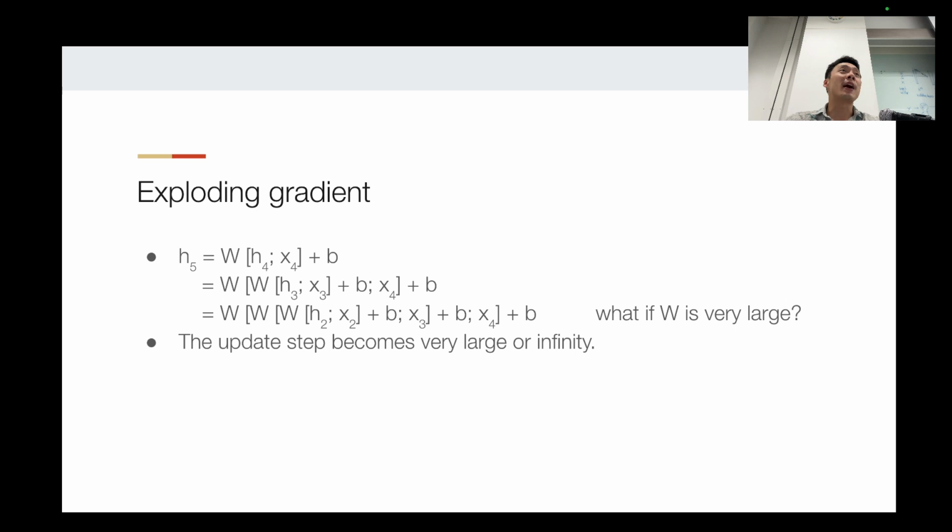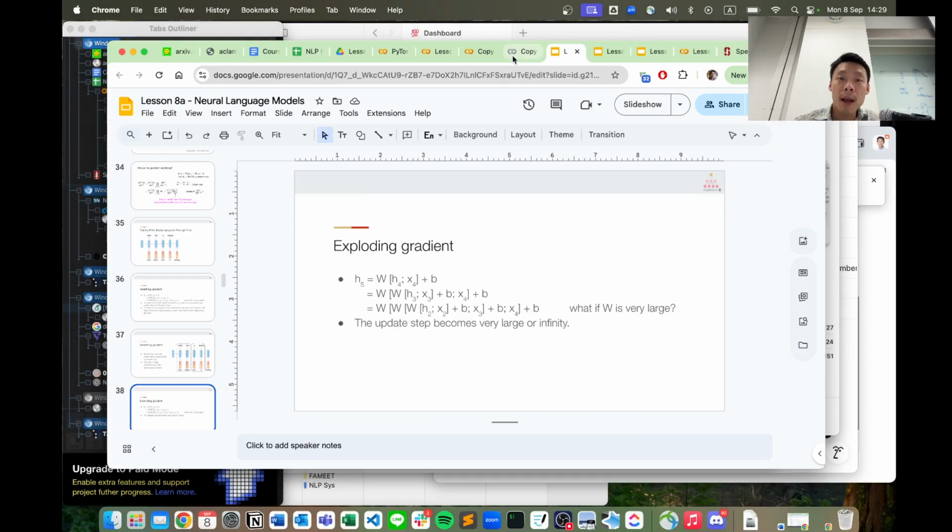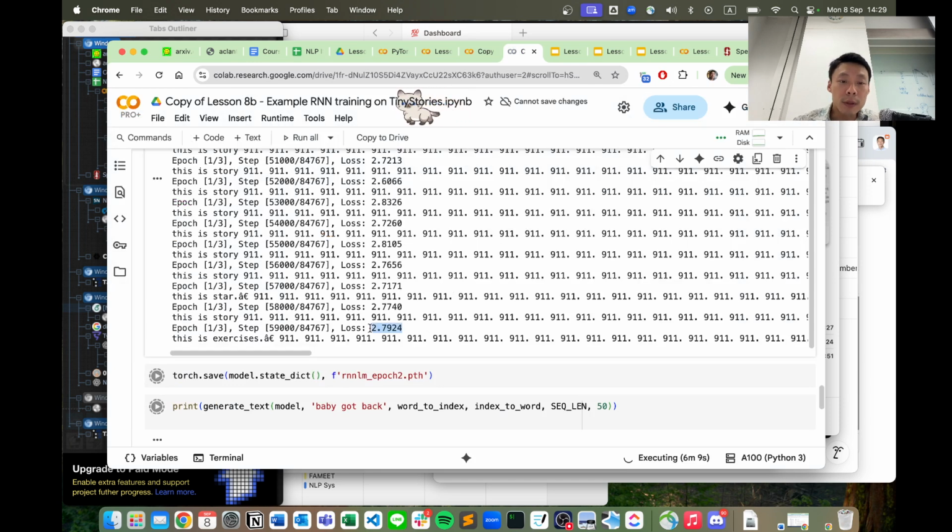Then you end up multiplying your weight with the gradient, and the gradient is like 200,000. That's definitely not good, so this would become a problem as well. To train this W, you have to stay within the same range so that it doesn't explode. And I don't think my model exploded. It's still in the right range, so that's good.